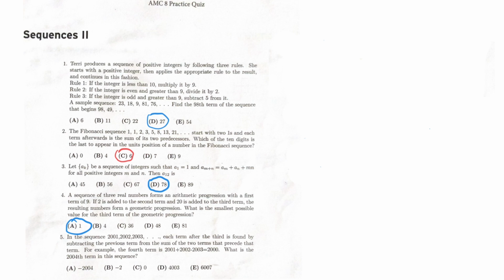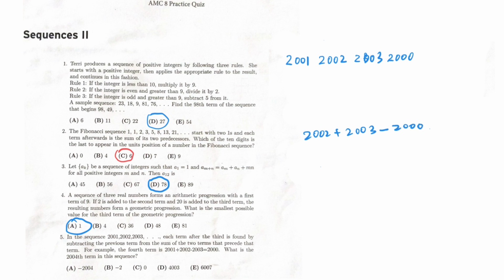Now let's solve this problem. So we write the sequence. That's 2001 first term, second 2002, third 2003. Next one is 2000, already calculated. And the next term will be 2002 plus 2003 minus 2000.